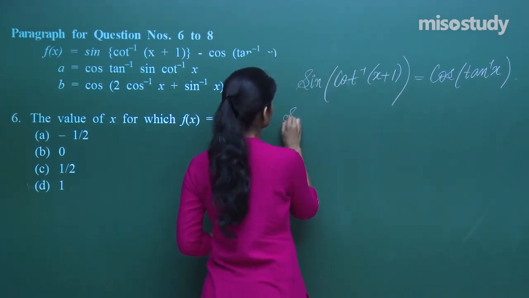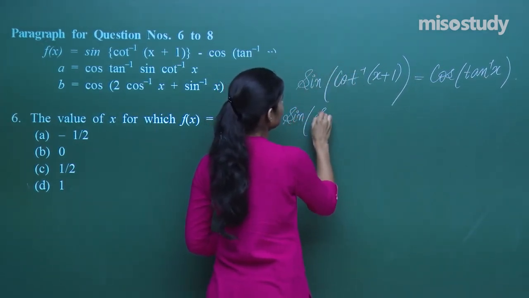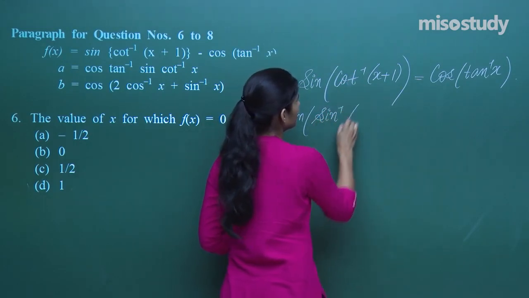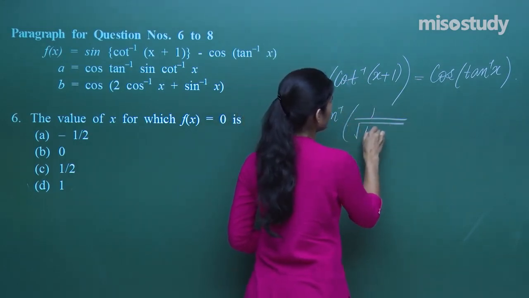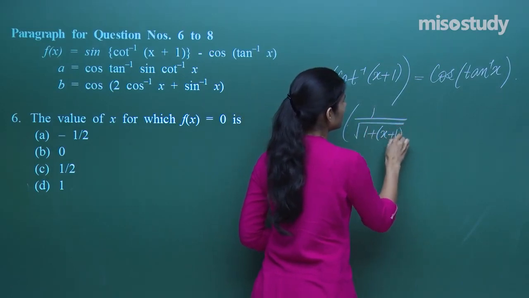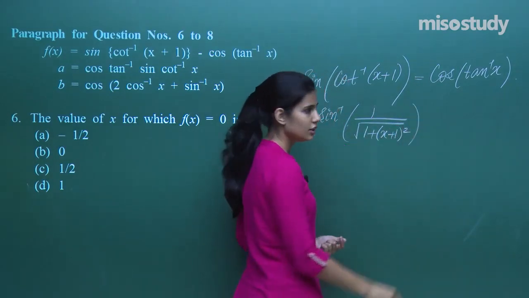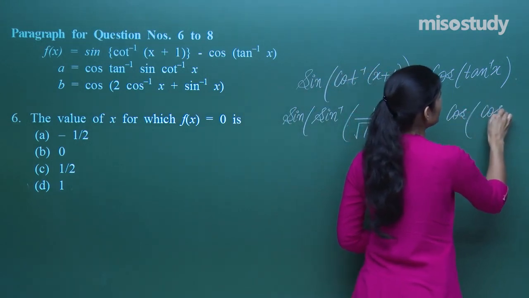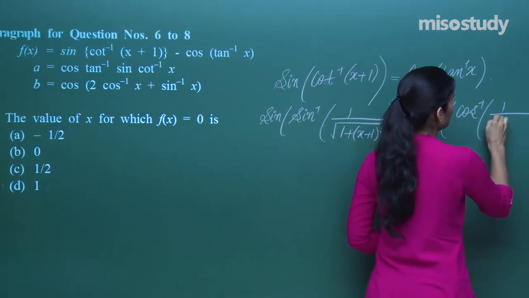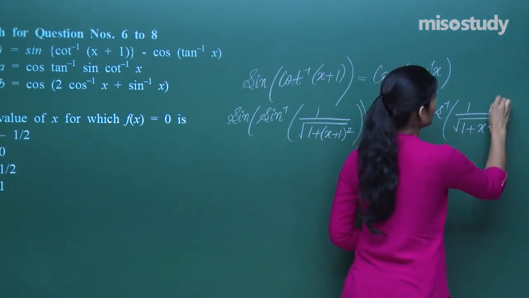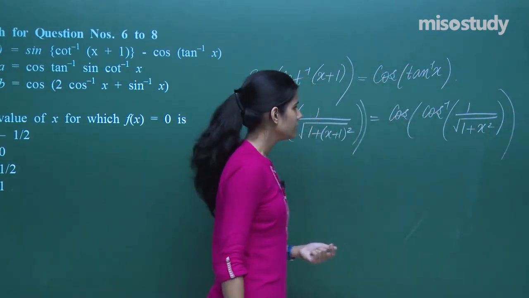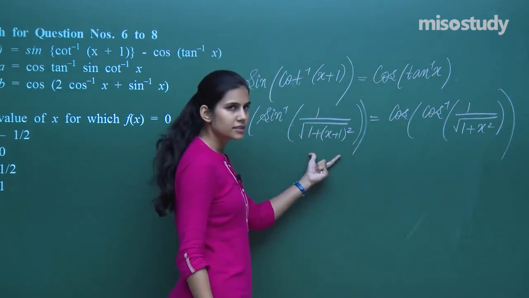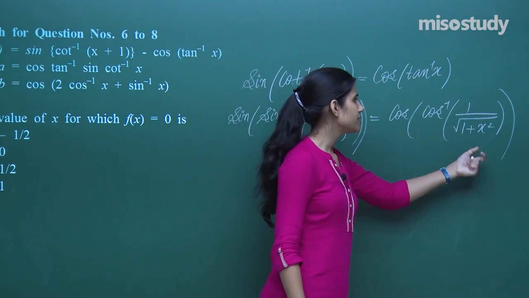So this becomes what? You know the identity. This is sine inverse of 1 upon under root 1 plus x plus 1 whole square. And this is equal to cos of, this is cos inverse of 1 upon under root 1 plus x square. Obviously sine of sine inverse is this only, cos of cos inverse is this only.